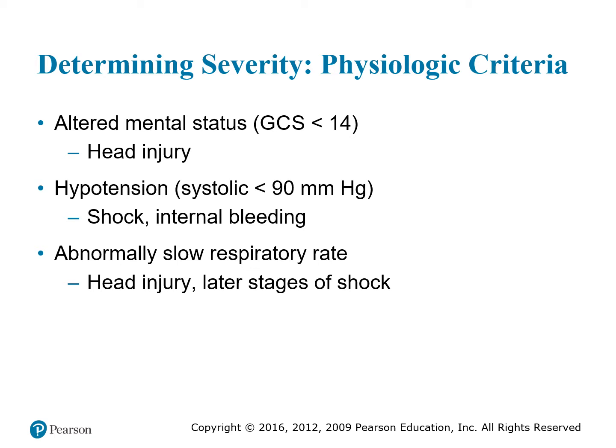And then in the very late stages of shock, when they're decompensating and circling the drain, so to speak, that patient is going to start breathing very slowly. When their body systems are failing to compensate, when initially their respiratory rate goes up and their heart rate goes down, that stuff eventually starts getting slower and slower.